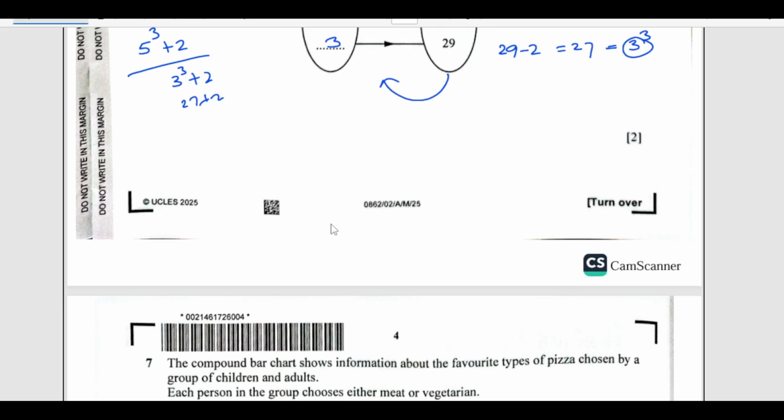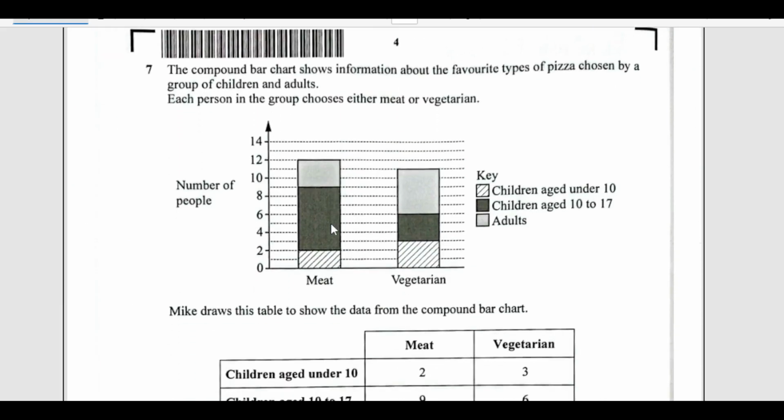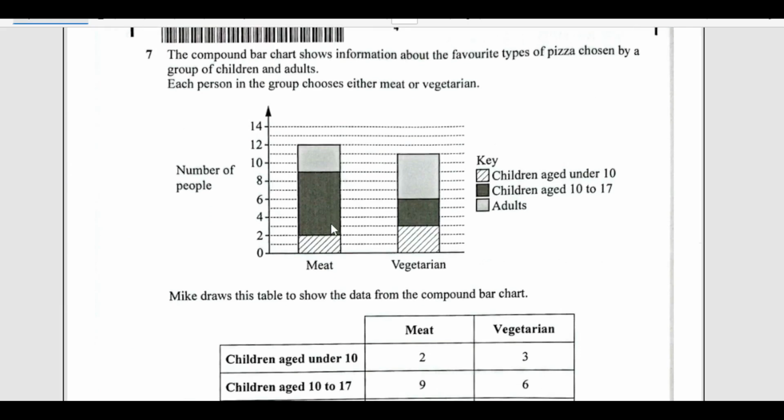Now number 7, the compound bar chart shows information about the favorite types of pizzas chosen by a group of children and adults. Each person in the group chooses either meat or vegetarian. So we have meat here and vegetarian here.